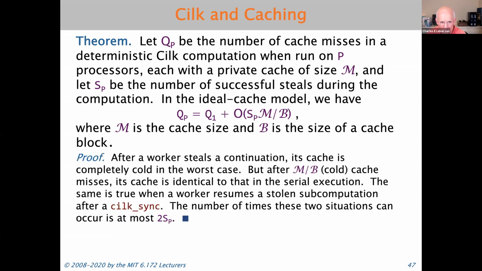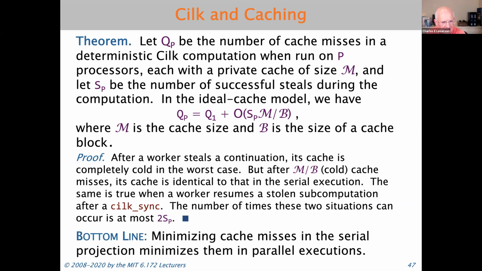We're not going to go through the proof here because we're almost done. It says that if you minimize the number of cache misses for the serial projection, you also minimize it in the parallel executions. So that's a good property.